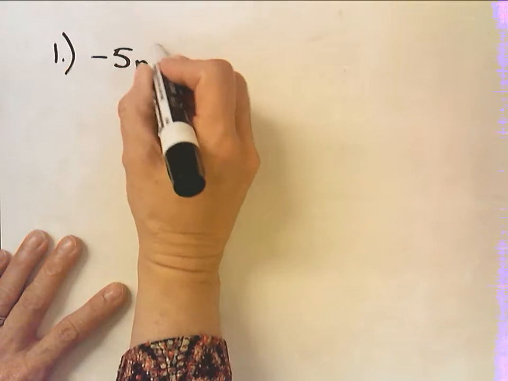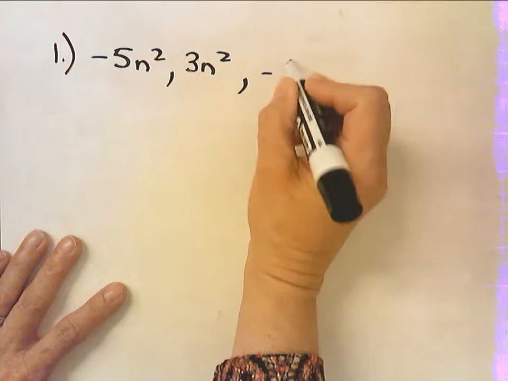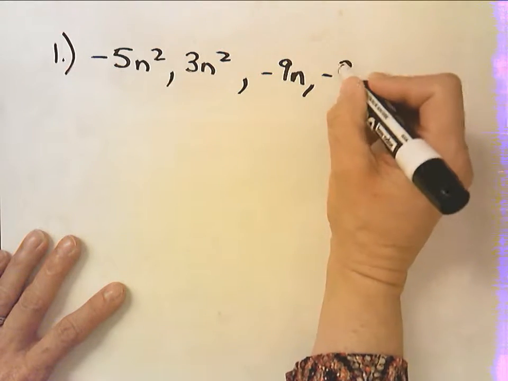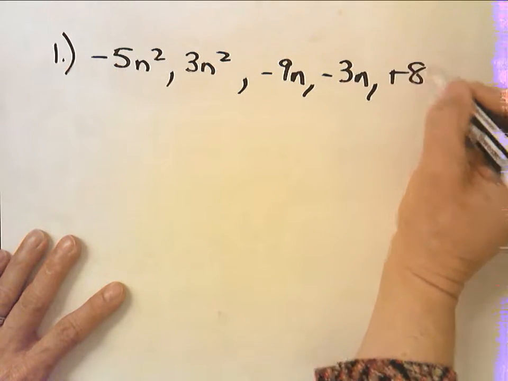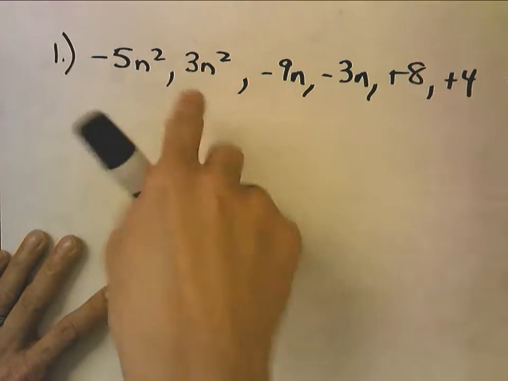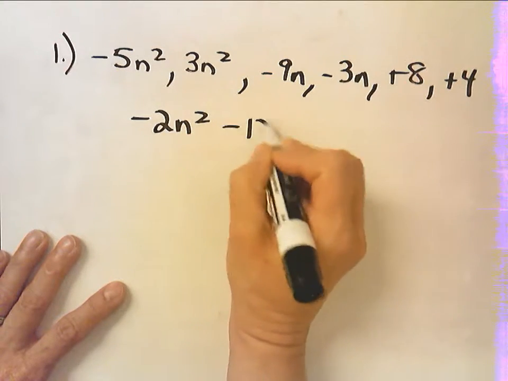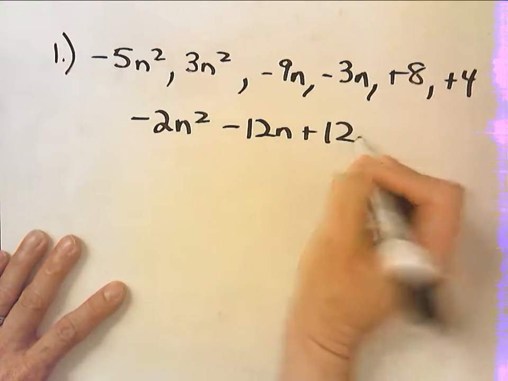So what I'm going to do is copy all these terms, but with the like terms next to each other. A lot of you would just do this in your head. So I'm going to combine these two, which becomes negative 2n squared minus 12n plus 12.